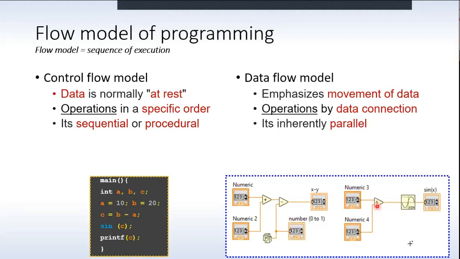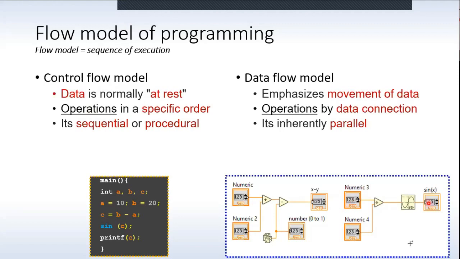So this is LabVIEW's best property, that it can do many things at the same time. But it is not possible in other languages. For example, in the control flow model, whatever we give sequentially, that is sequentially what happens. But in LabVIEW, it does not wait for a sequence. All data is there, it will start doing the calculations.